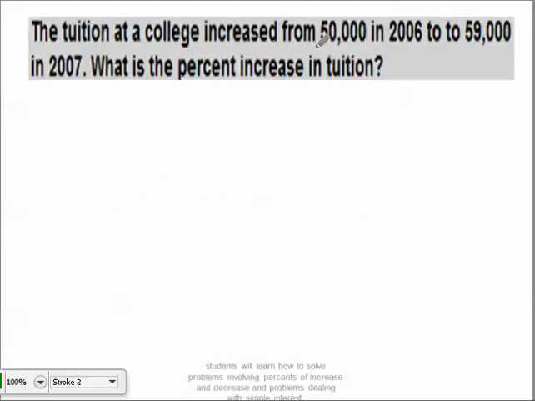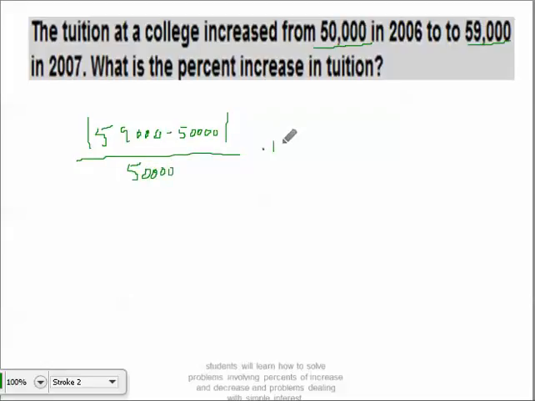Tuition at a college increased from $50,000, that's my beginning number, to $59,000, that's the ending number. So 59,000 minus 50,000, absolute value, divided by 50,000, times 100. See, I just wrote it all down.